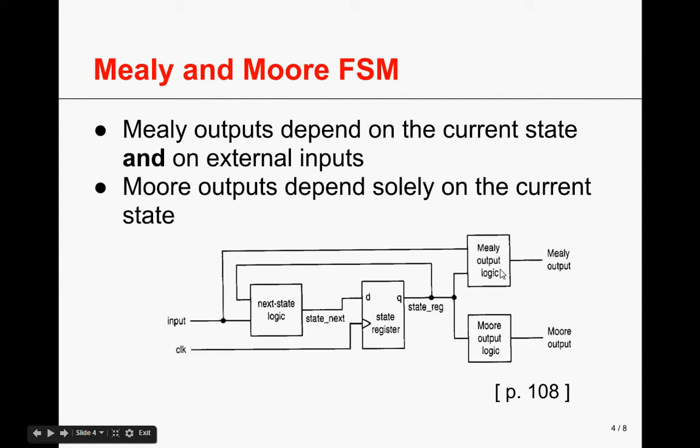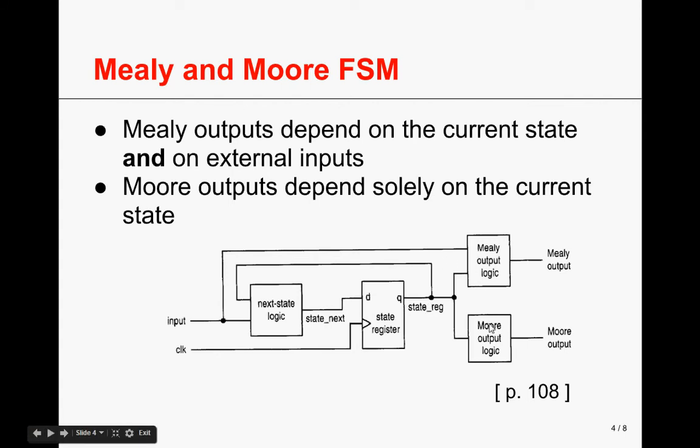And Mealy outputs, they are a function of the current state, but they are also a function of the external inputs. So when we are in any given state, the Mealy outputs may change if the inputs change. On the contrary, the Moore outputs will only change when the state changes.